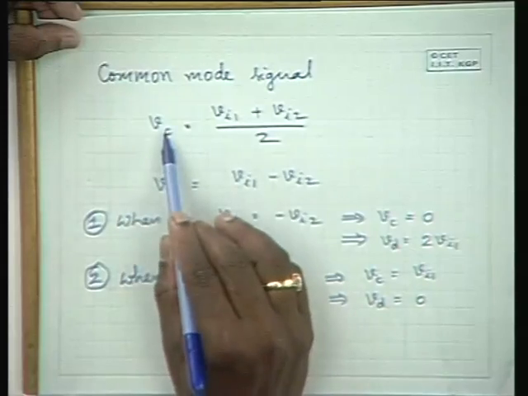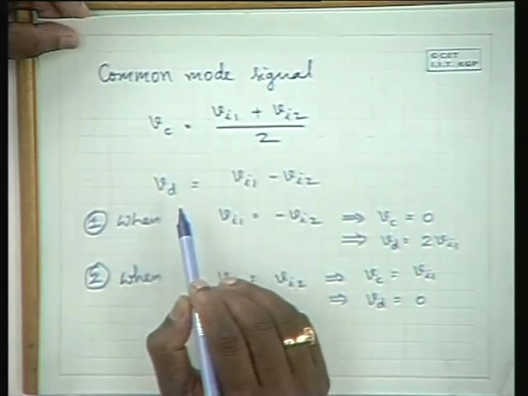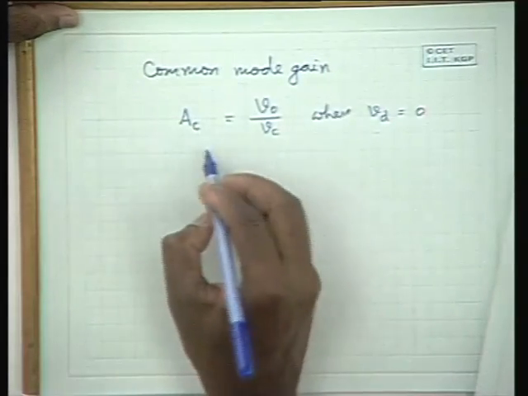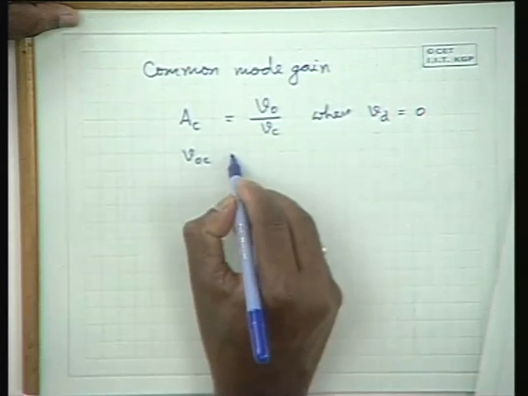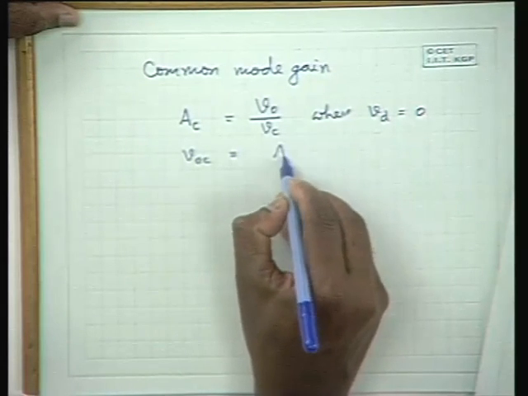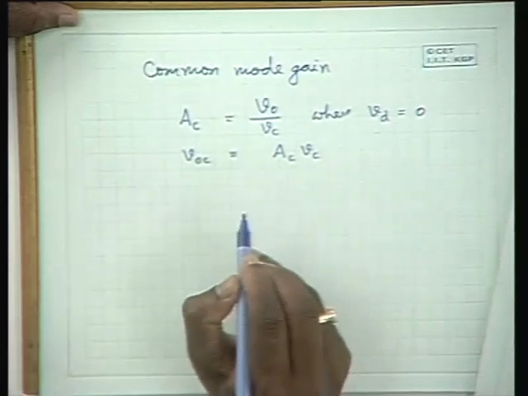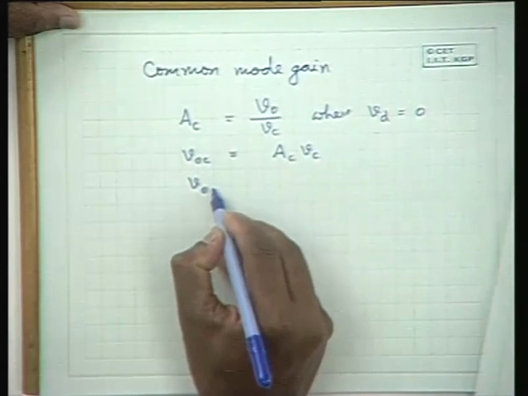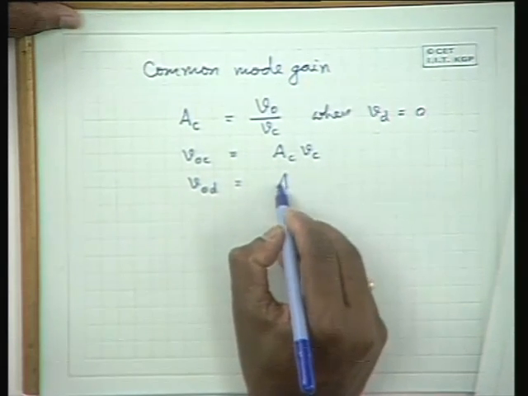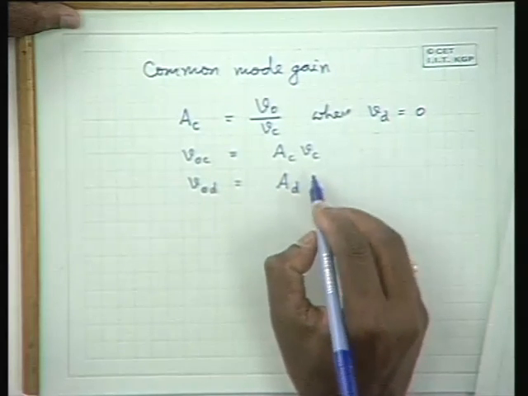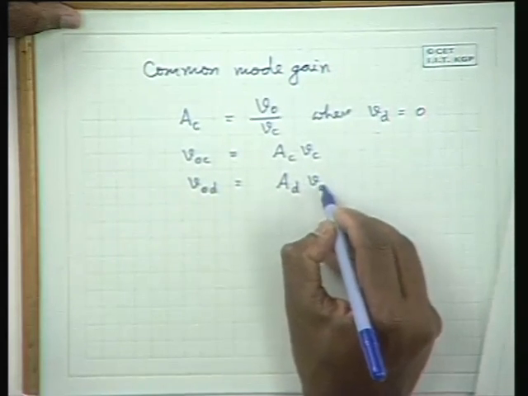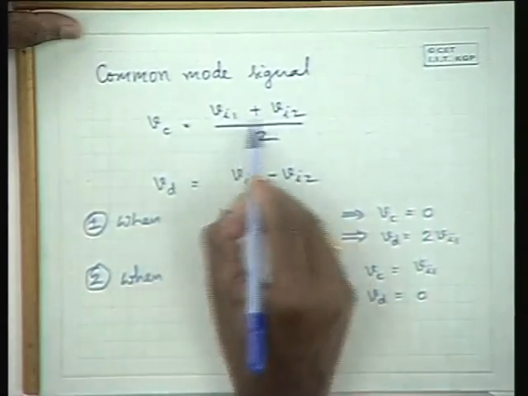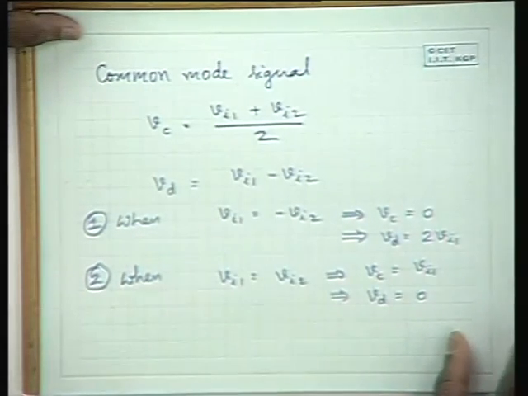Now, since both are present, you will have a common mode component VOC, which is equal to AC into Vc, the common mode part of the signal, and a differential component which is the differential gain multiplied by the differential signal. So, Vc and Vd are (Vi1 plus Vi2) by 2 and Vi1 minus Vi2.